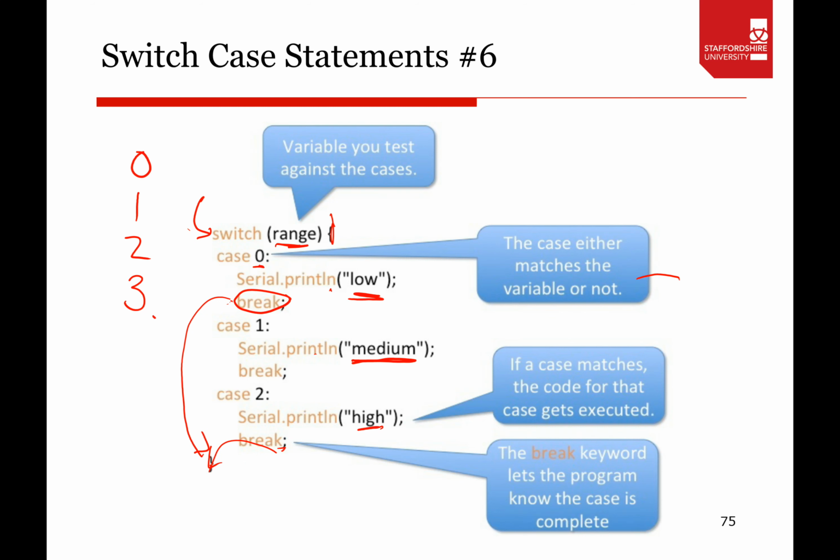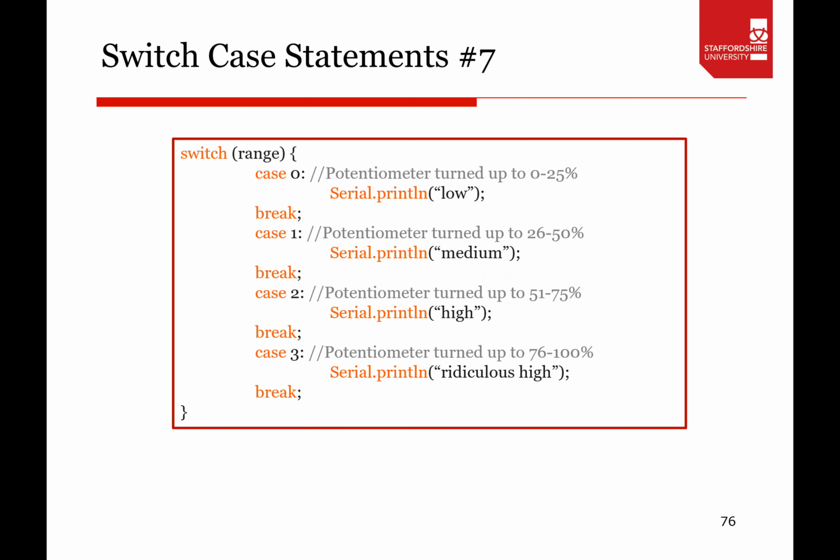Notice that there isn't a case 3 here, so nothing will be printed to the serial monitor in this case. This has now been added here as the ridiculously high value.